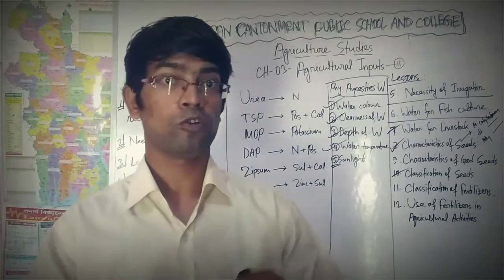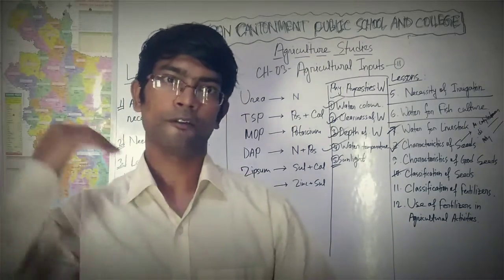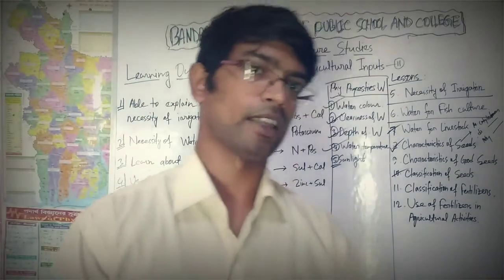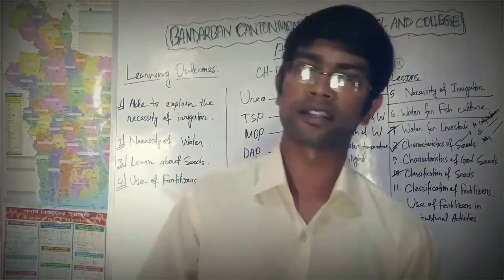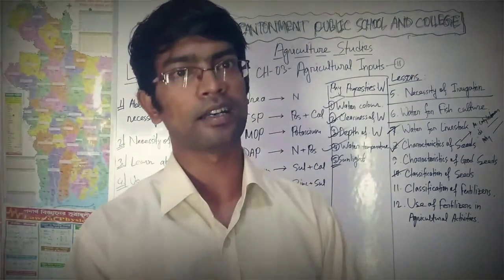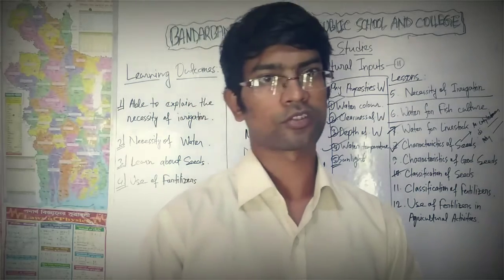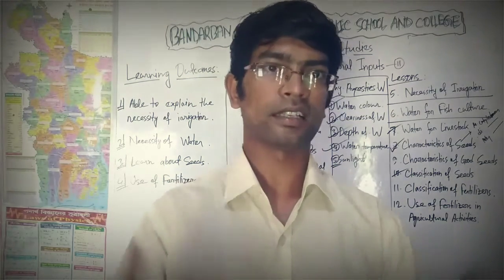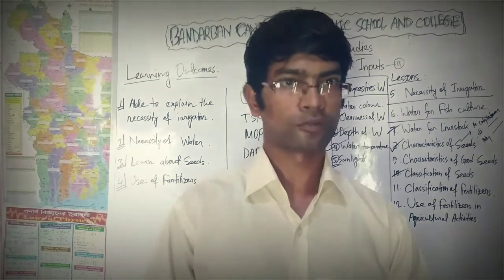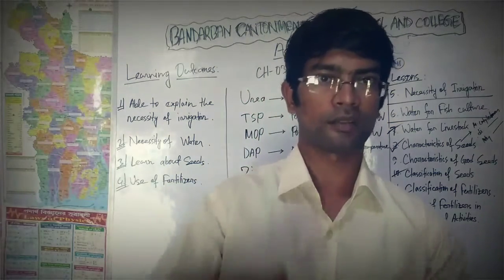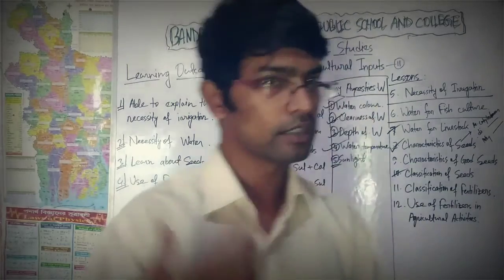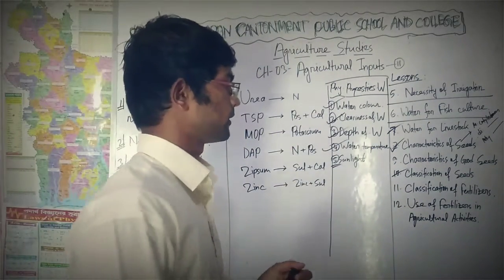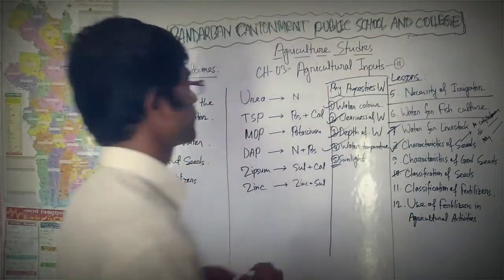We have to know the system of applying chemical fertilizer, because too much chemical fertilizer cannot give us good crops. That's why you have to learn about the composition of fertilizer for a particular food production, a particular part of agriculture.